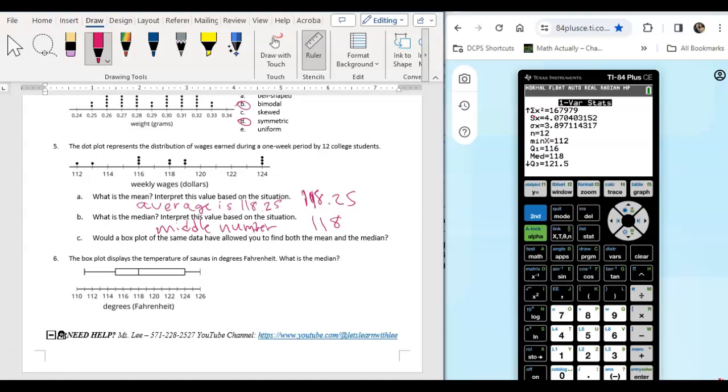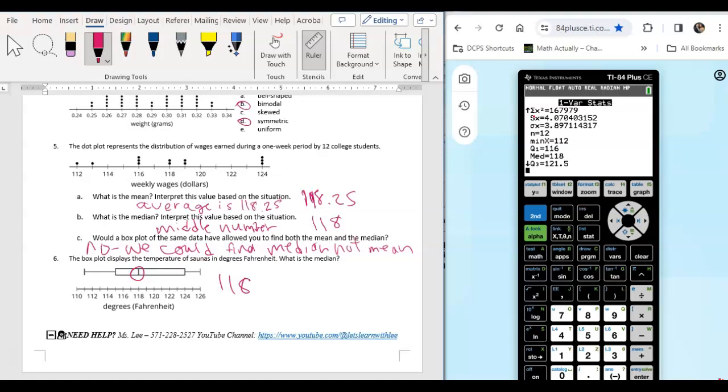Would a box plot of the same data have allowed you to find both the mean and median? So no, we could find the median, not the mean. It says the box plot displays the temperature of saunas in degrees Fahrenheit. What is the median? So this is just interpreting this as 118, that middle number.